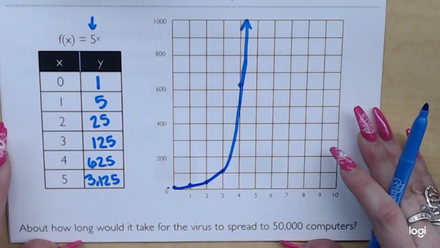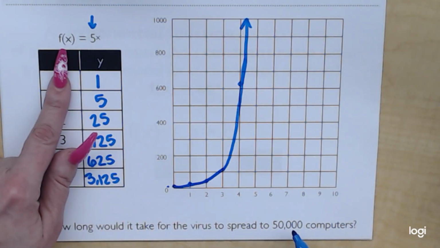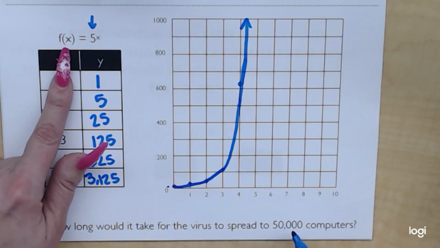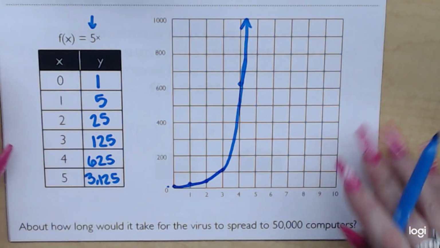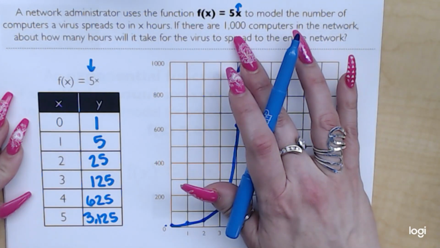It's asking about how long would it take for the virus to spread to 50,000 computers. So here's where we know the output. The output is the number of computers. So what we want is to fill in the output for this. We could do the same thing for 1,000. How long will it take for the virus to reach 1,000?